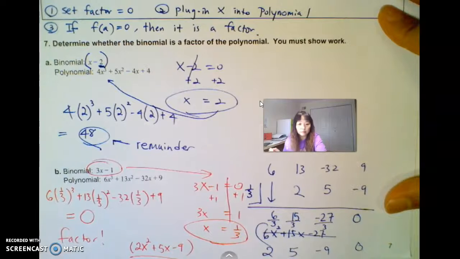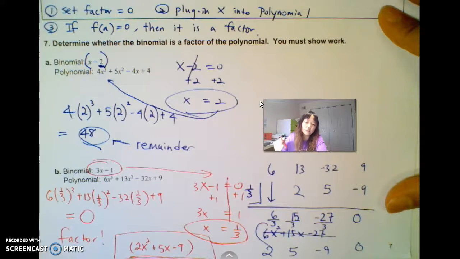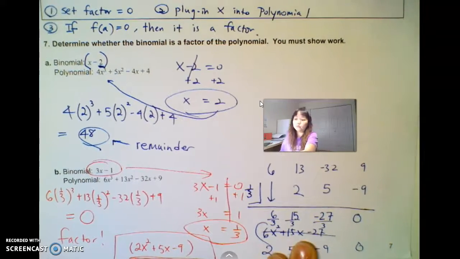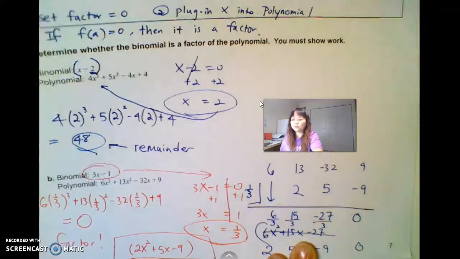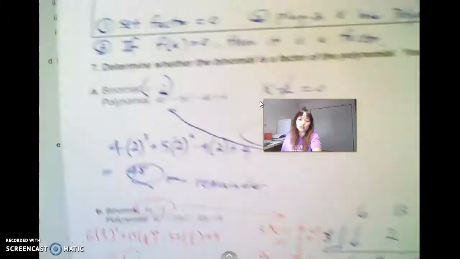Of course, with the Remainder Theorem we don't get the actual quotient, but at least you can find out if it's a factor or not immediately. The reason why we need to do this is because in our next learning target, we're going to graph these using the factors, using the zeros. You'll see that in the next learning target.